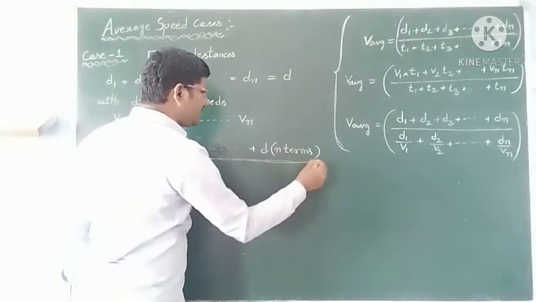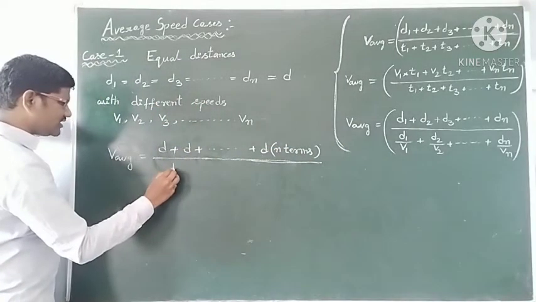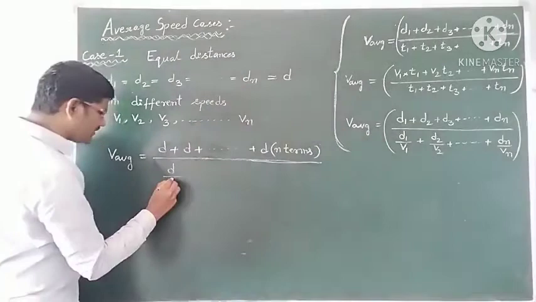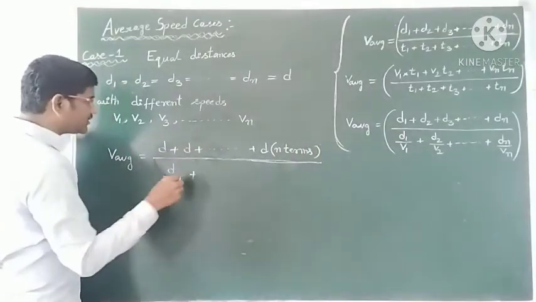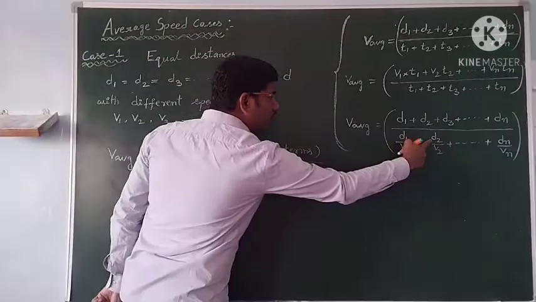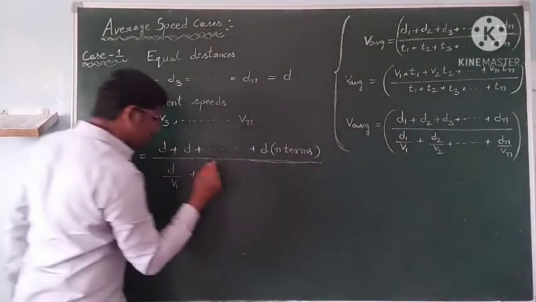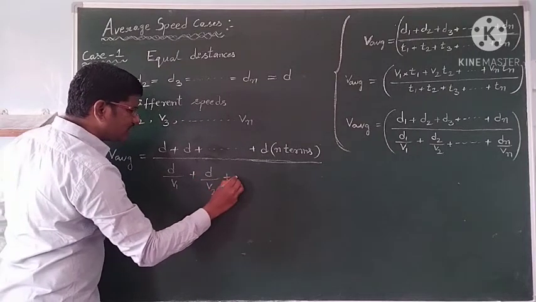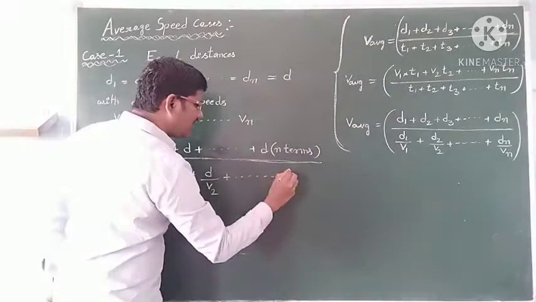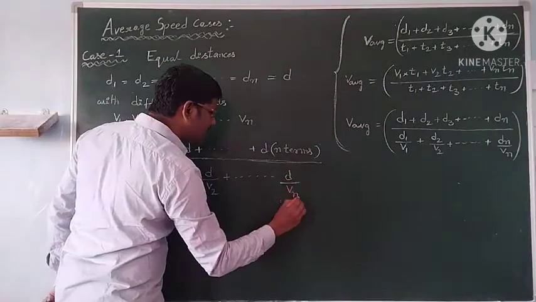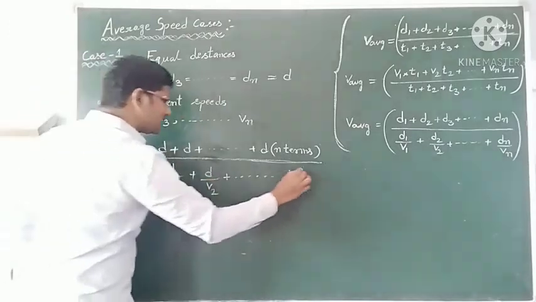So by, D1 means d, by V1, different speeds, so plus D2 means d by V2, plus so on Dn, that is also d, by speed Vn.